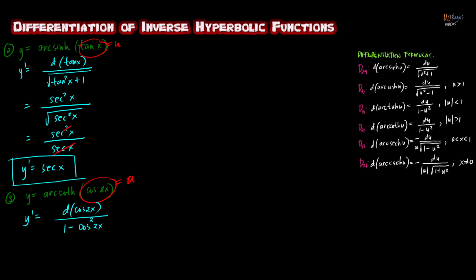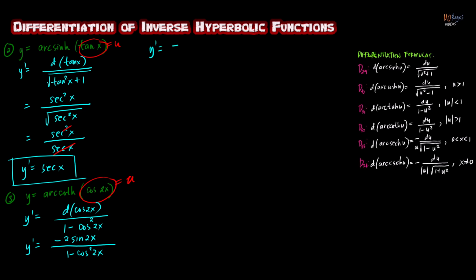So we square cosine of 2x. So y prime, getting the derivative of cosine of 2x, that's negative sine of 2x times 2, over 1 minus cosine squared of 2x. According to a Pythagorean identity, 1 minus cosine squared of 2x is sine squared of 2x.